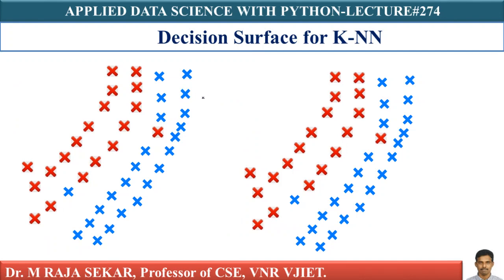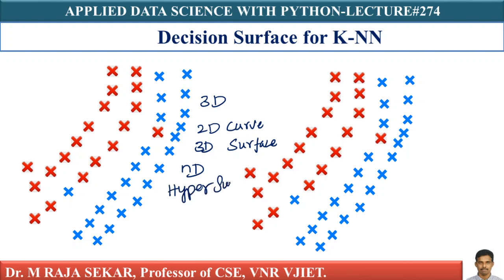What happens in 3D? In 2D it is a curve. In 3D it is basically a surface. In n-dimensional space, it becomes a hypersurface.